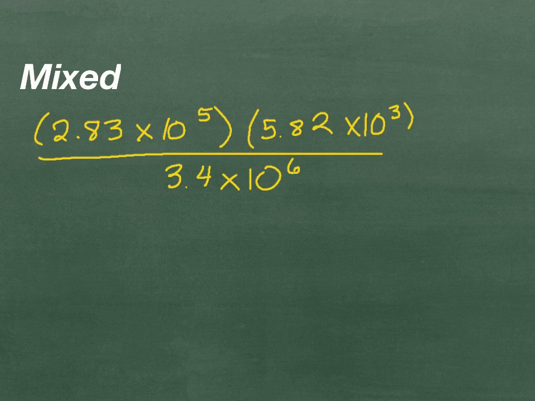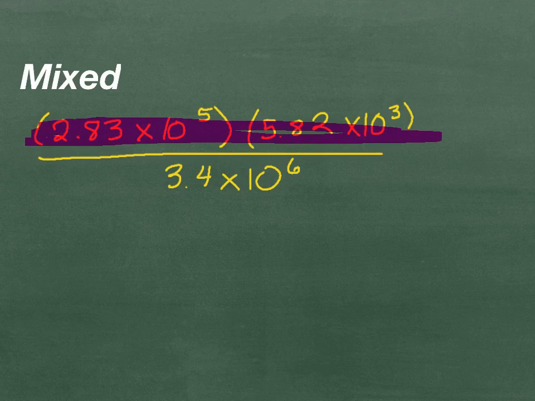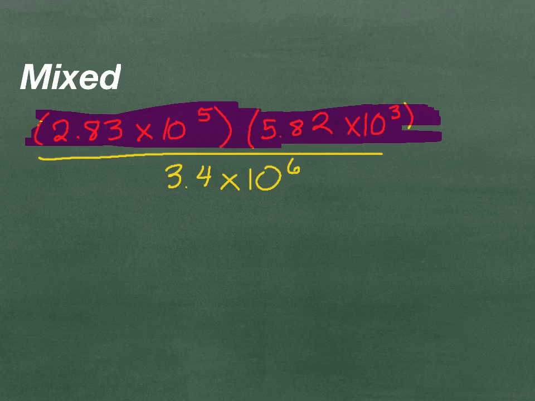And now let's look at something for mixed. When we have something that's mixed like this, I always tell my students, do what you think is the easiest first. And for a lot of them, this part here would have been the easiest to do first. Okay, so we're going to do the top first, and then we're going to worry about our division. So remembering our steps, our first step is to always multiply our numbers.